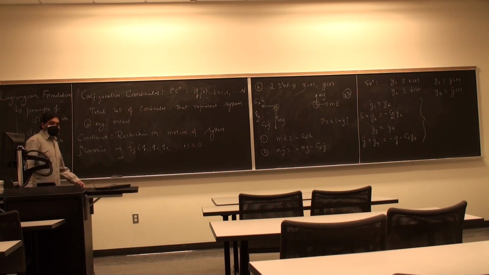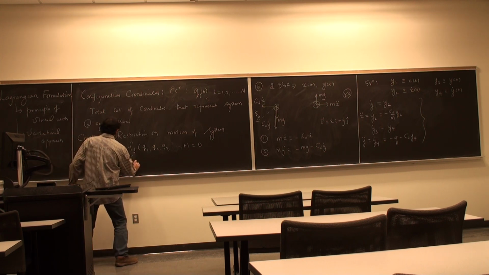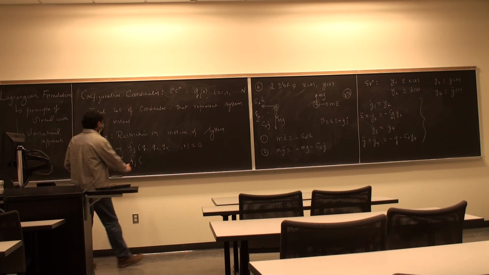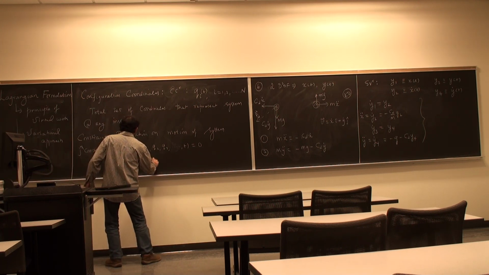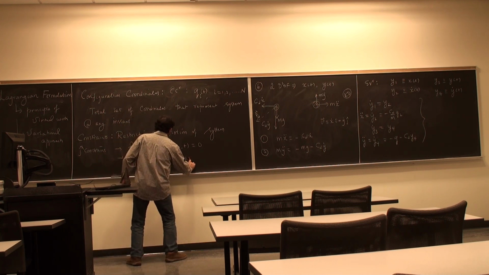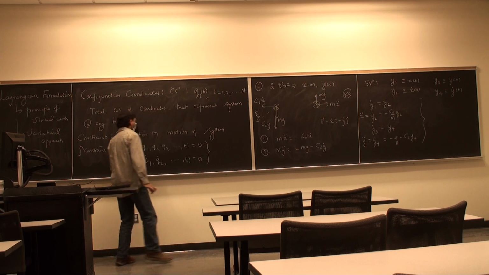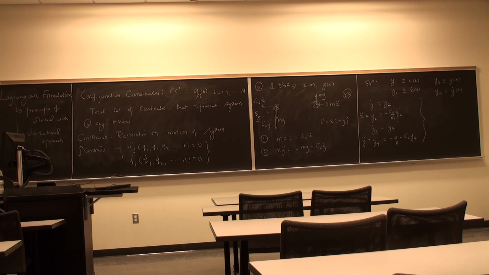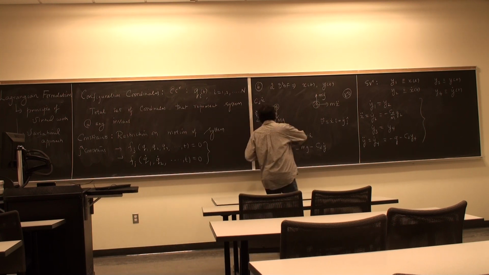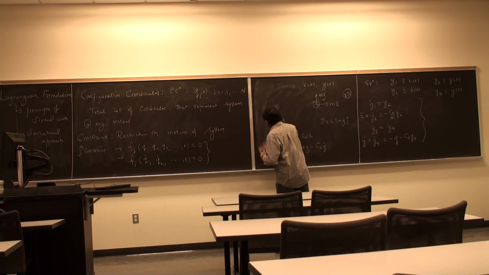So this is one way of writing the constraints. The other way is by making use of the velocities, q1 dot, q2 dot, q3 dot of the configuration coordinates. So these are the two ways of writing constraints. And we're going to talk about these today. But before that, I have a few more things to do.